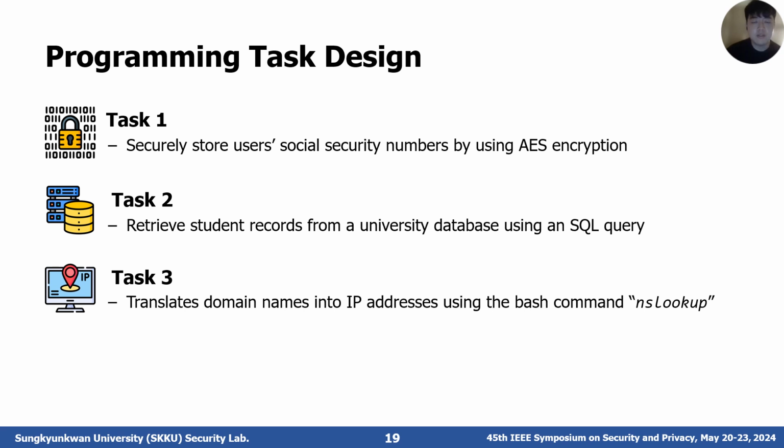In the second task, we ask them to write code that retrieves students' records from a university database using SQL queries. In the third task, we also ask them to write code that can translate domain names into IP addresses using the bash command called nslookup.